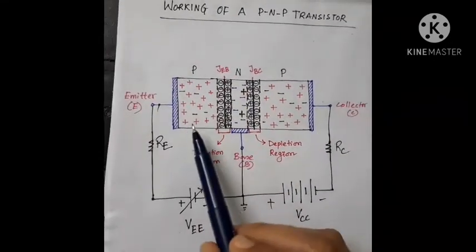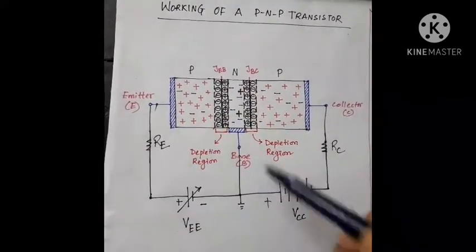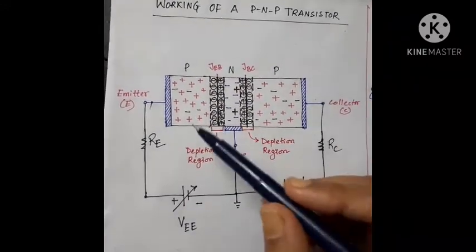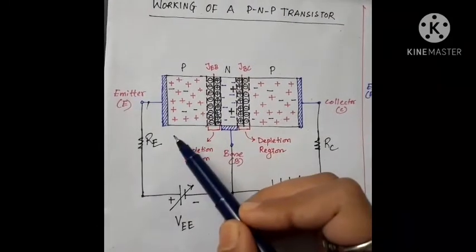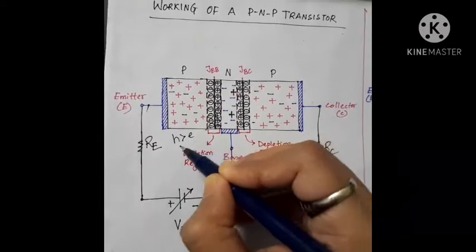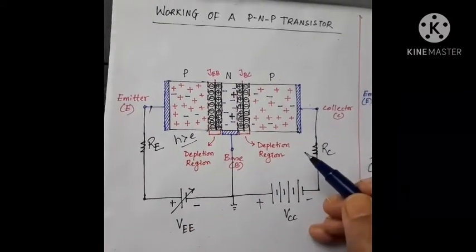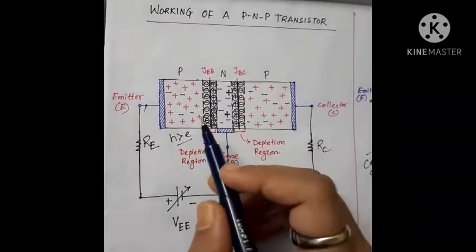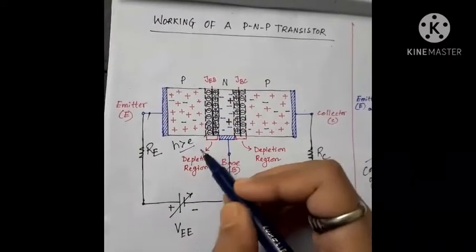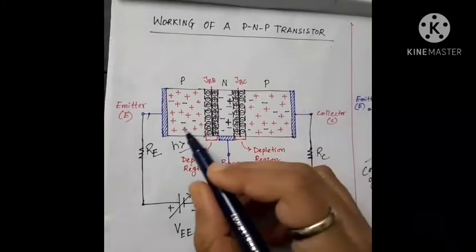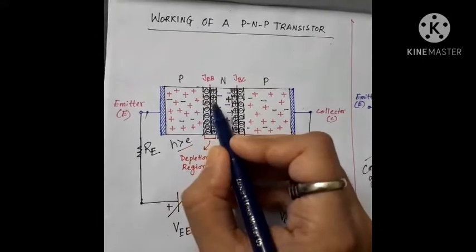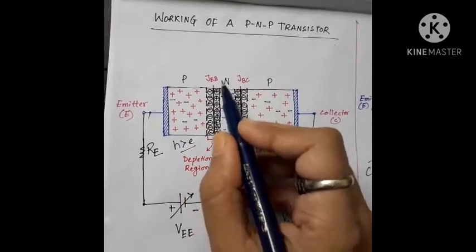Now the emitter base circuit, being forward biased, helps the movement of the holes, as here the number of holes is quite large, quite larger than the number of electrons. So holes will move from the p-type material towards the junction between the emitter and base.